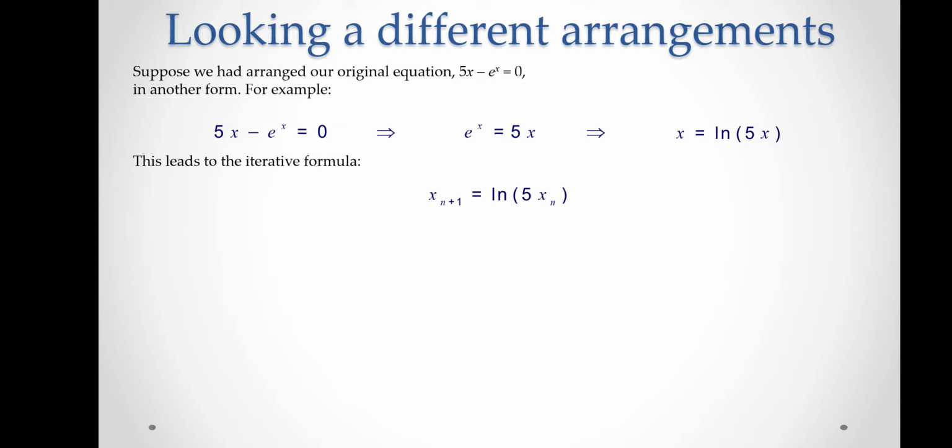So now you can form an iteration formula like this also. What is the iteration formula? x n plus 1 is equal to ln 5 xn. So using this iteration formula also, you can take x naught as 1 now.